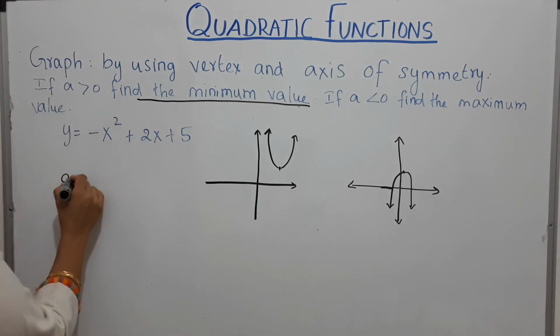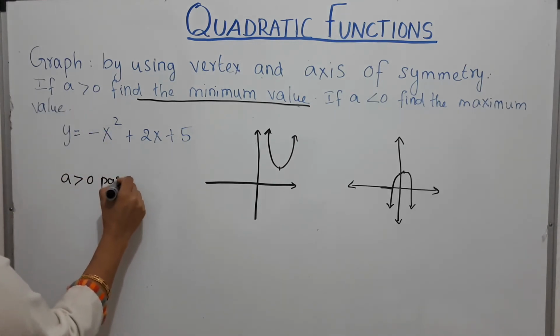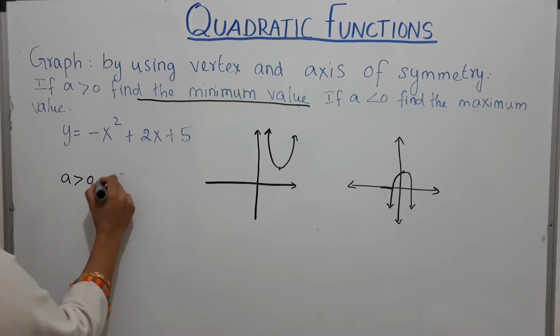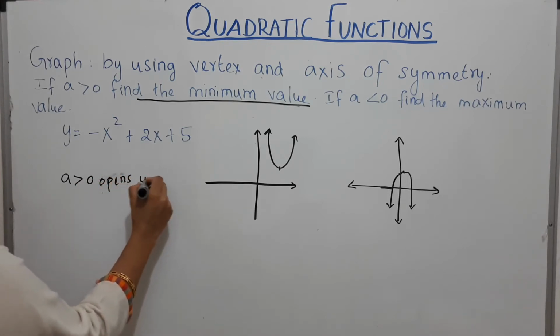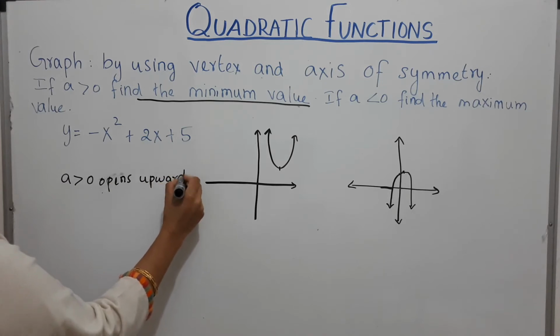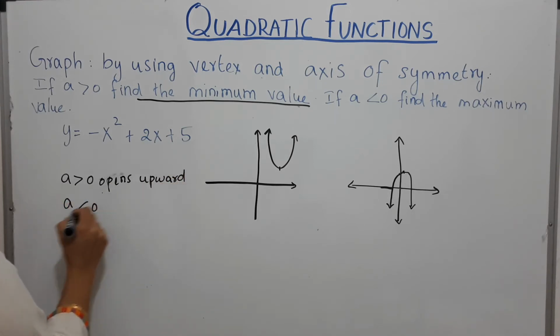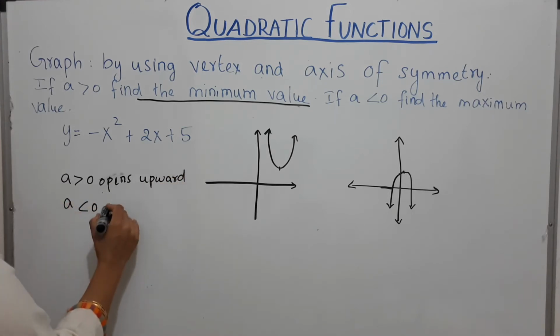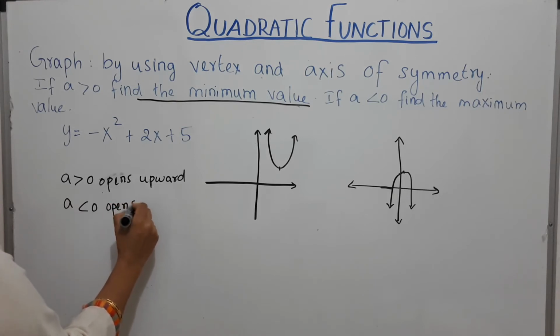If a is greater than 0, then the parabola opens upward. And if a is less than 0, which means the a value will be negative, then it opens downward.